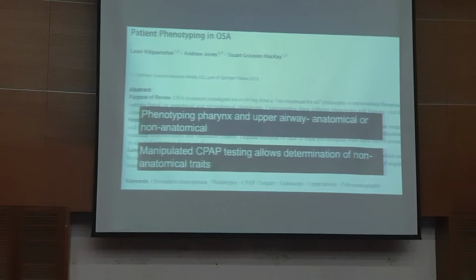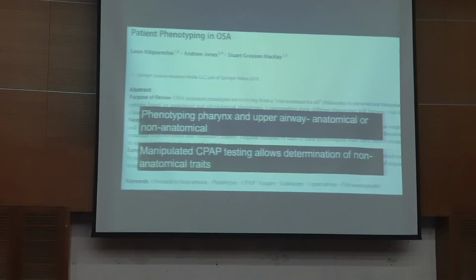What does it mean? Anatomical is something that you can identify based on your examination: redundant mucosa, big tonsils, retrognathia, some craniofacial anomalies, or the patient has lingual tonsils. So anatomical, right? But non-anatomical is something that you cannot identify based on physical examination, neither with just a regular polysomnogram.